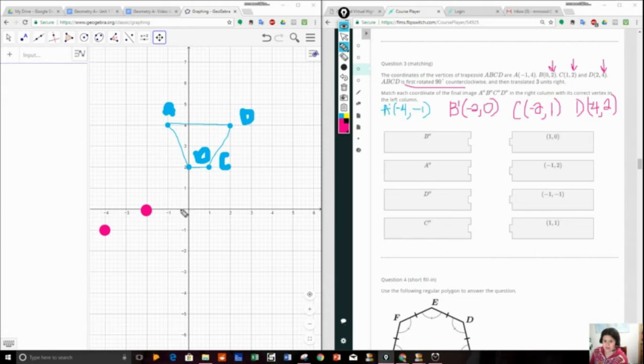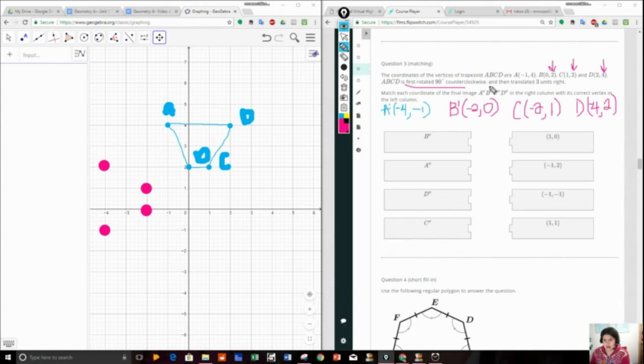C prime is now at -2, 1. D prime is now at -4, 2. So there's our new trapezoid after it's been rotated 90 degrees counterclockwise about the origin.